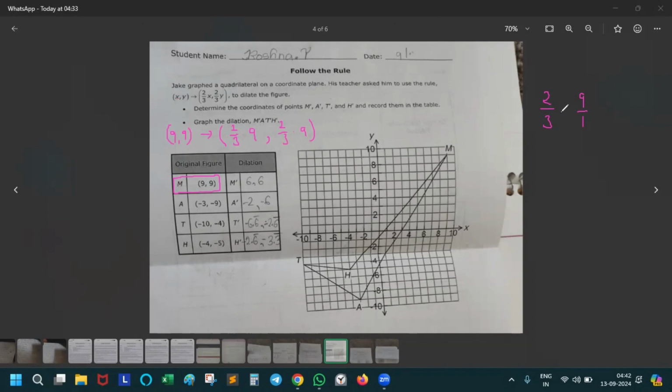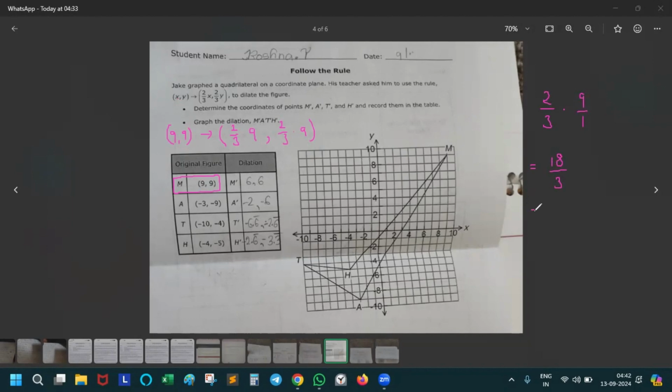So how do you do this? 18 over 3. And did you get 18 by multiplying 2 and 9? Yes, that's one way to do it. So what do you think is 18 over 3?